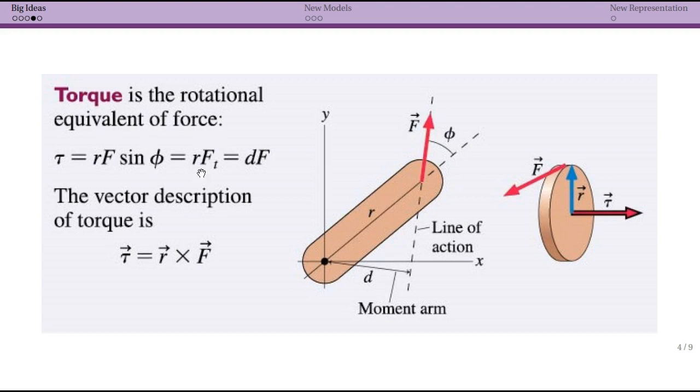Well, there were two interpretations, where either you can talk about the entire distance and the tangential force that's perpendicular to the radial distance, or the lever arm and the entire force. But this equation you can always use. These are two different interpretations of where that equation comes from.